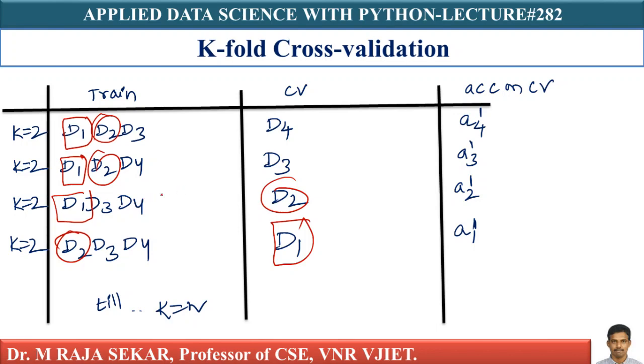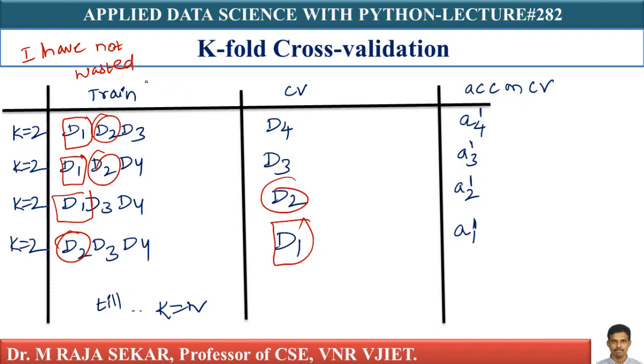I have not wasted every part of my training data as cross validation, and that's important. I have not wasted 20% of 80% of D train.